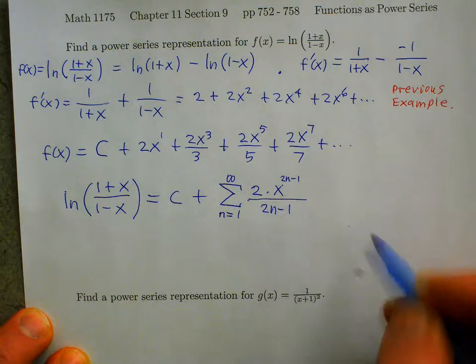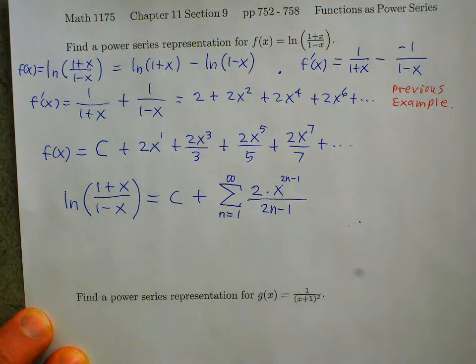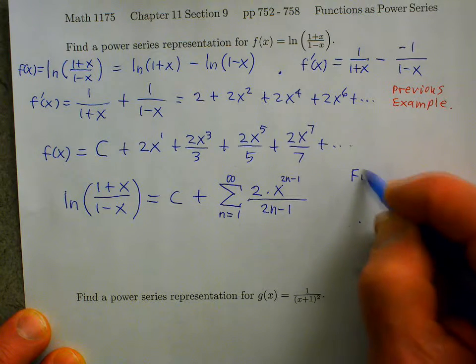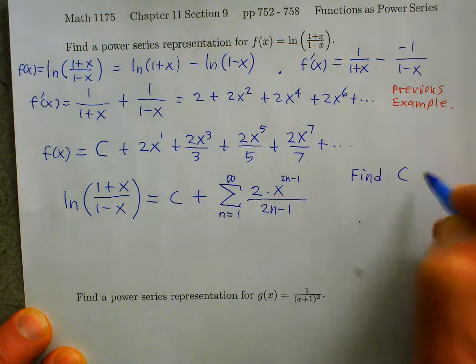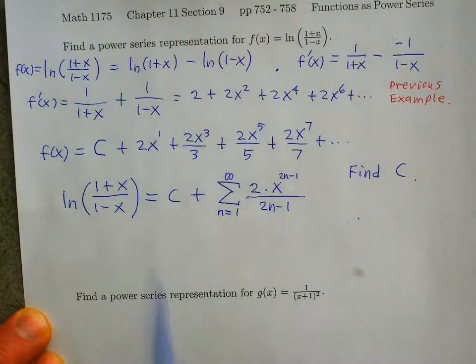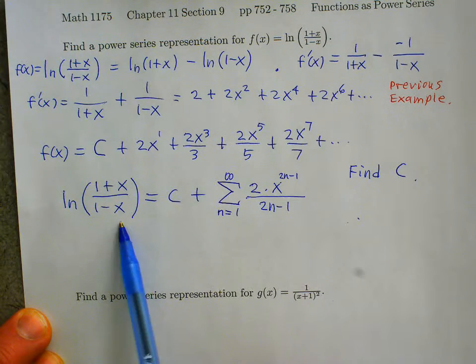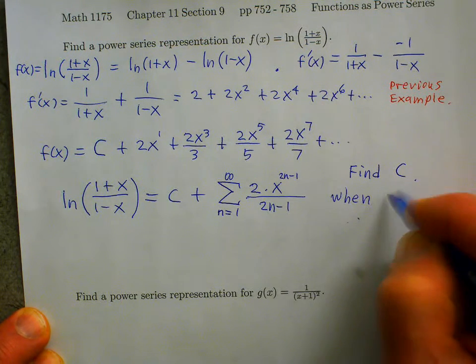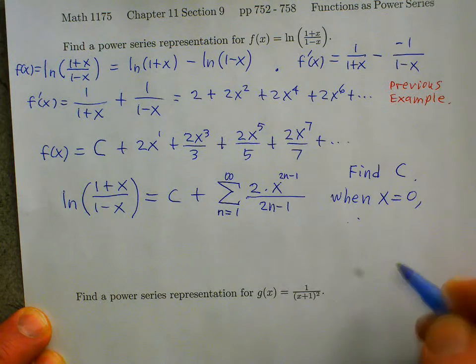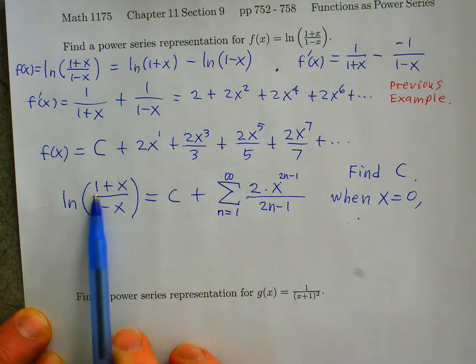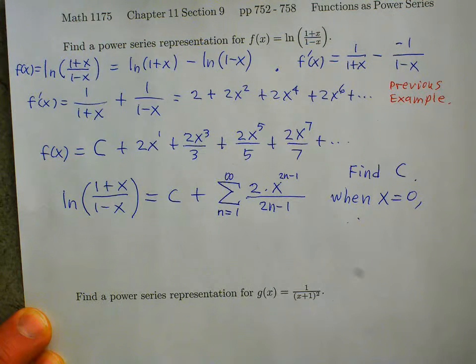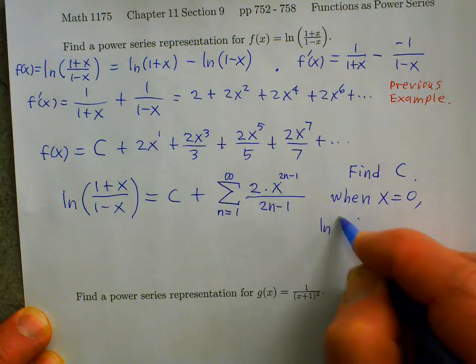Let's determine what the value of c is. Well, if we replace every x with 0, we get the natural log of 1 plus 0 divided by 1 minus 0, which is the natural log of 1.